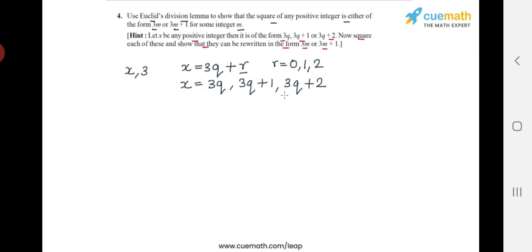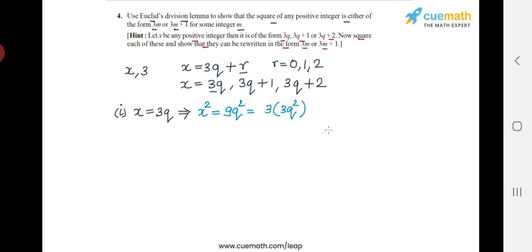So now let's find the form of x square for each of these forms of x. So first let's start with the first form, which is x equal to 3q. So if x equal to 3q, then x square will be equal to 9q square, and 9q square I can write as 3 times 3q square, like this.